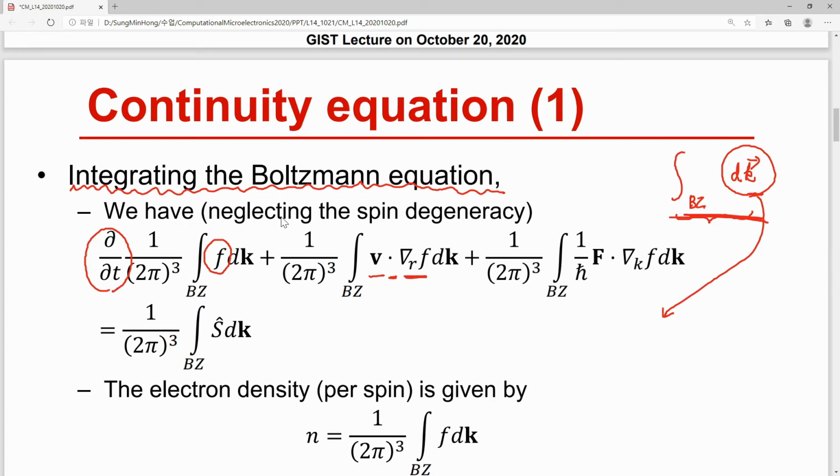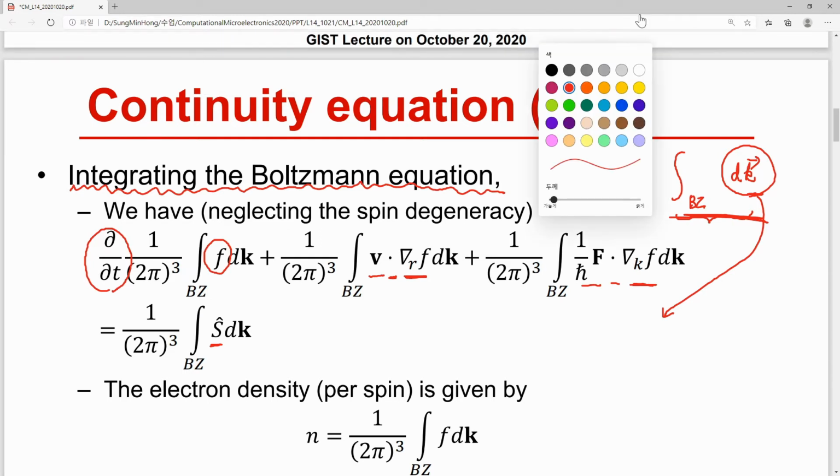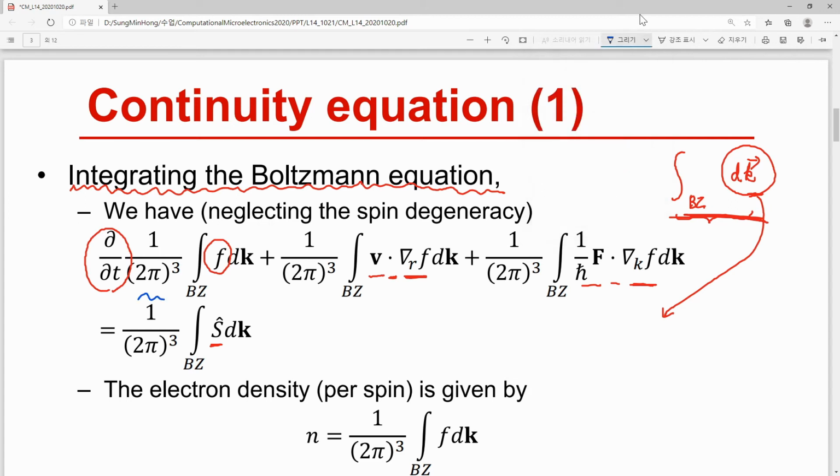And here you can see the force term times the gradient of f in the momentum space. And here we have scattering. These are just the terms of the original Boltzmann transport equation, and you can easily find the integrals over each of them.